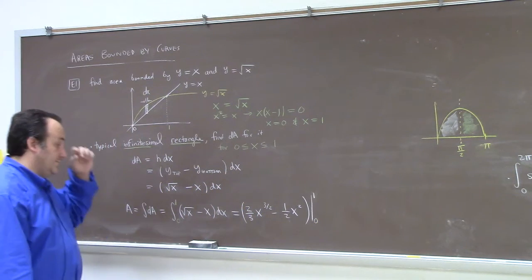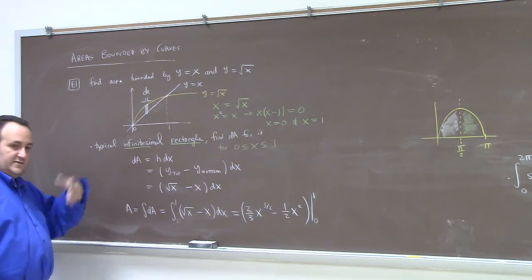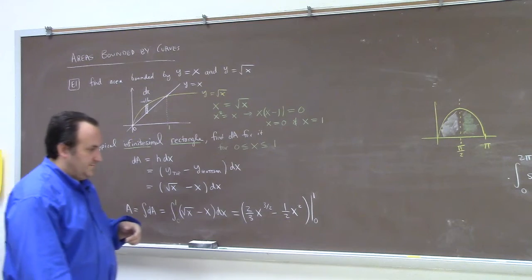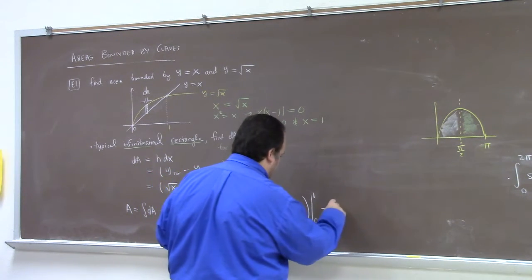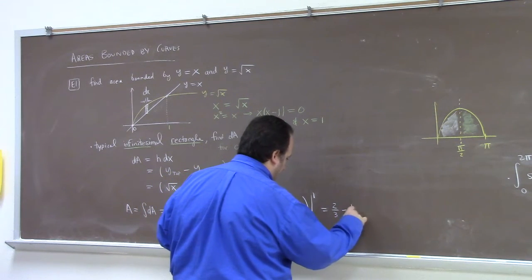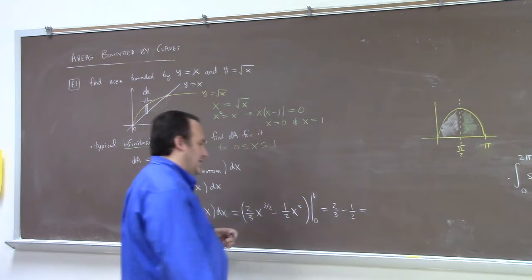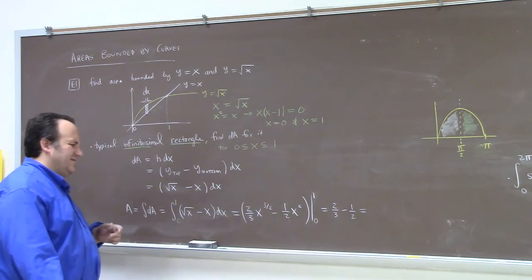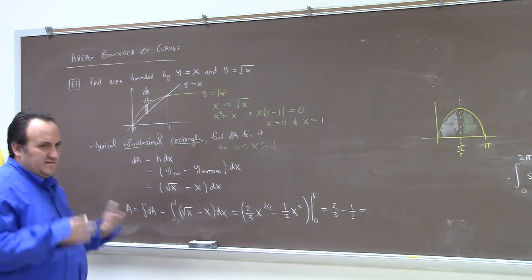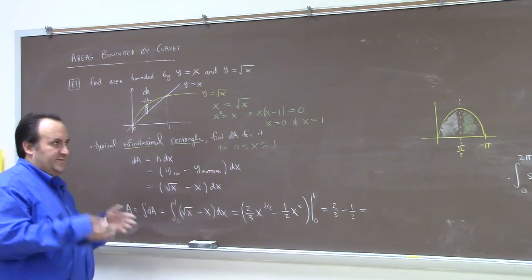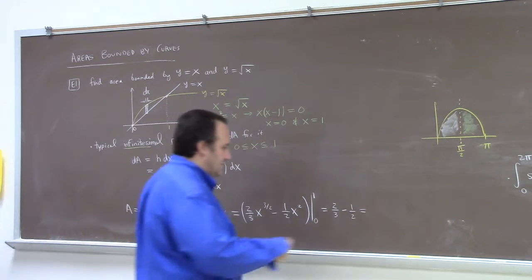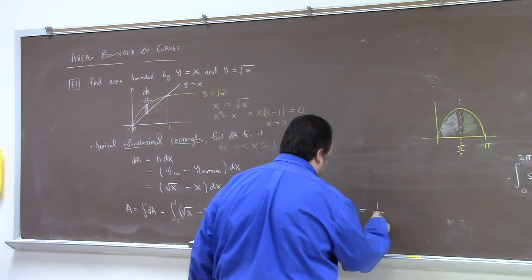FTC2. That's 2/3 minus 1/2. That's 4/6 minus 3/6, which is 1/6. The area is 1/6.